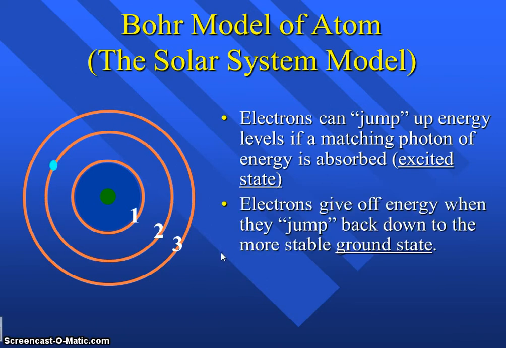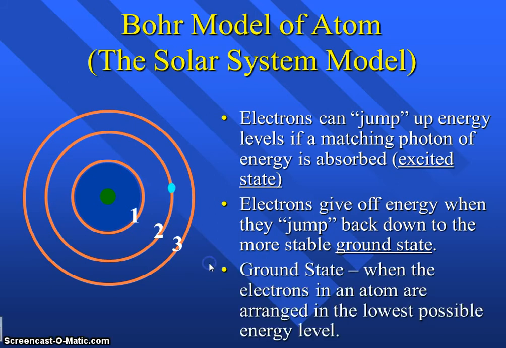Well, since it's not as stable, it's not going to want to stay in this configuration. So what happens is the electron is going to want to jump back down, to the more stable, what's called the ground state. And when it does this, we'll see it jump back down here. You can think about what's going to happen with energy here.